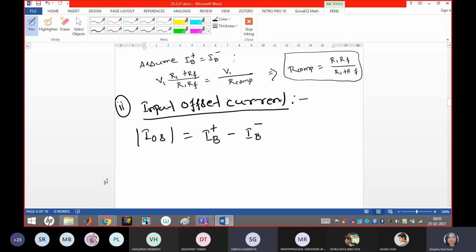It is 200 nanoampere for the BJT type of op-amp, and it is 10 picoamps for the FET type of op-amp.